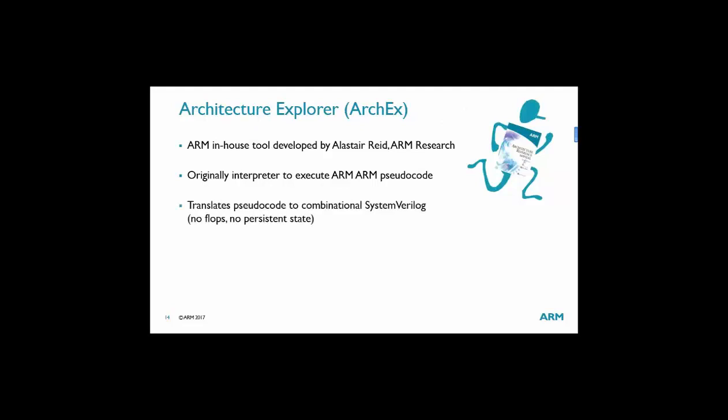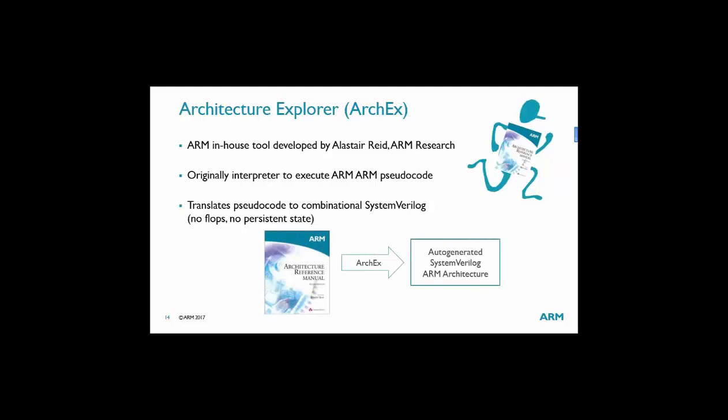He came back in a couple of weeks with a prototype, and it's been working more or less ever since, with plenty of enhancements. So what it does is it takes the pseudocode and translates it to SystemVerilog. So there's a diagram of the flow. You take the ARM pseudocode defined in there, you put it through the Architecture Explorer flow, and it outputs an auto-generated SystemVerilog ARM architecture, which takes in a state and an instruction, and then maps it to a next state.